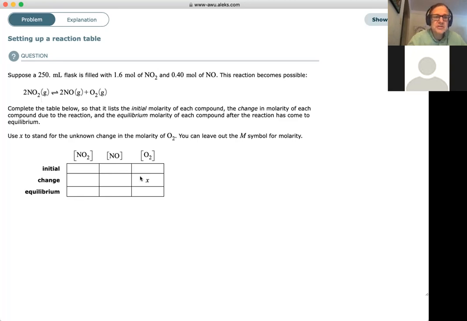So if you get a positive for O2, then you have a negative on the other side for the NO2. So the sign should be the same on the same side of the equation. If you have positive on both of these, you're going to have negative on the other. It's the reverse. Okay, so let's take a look.